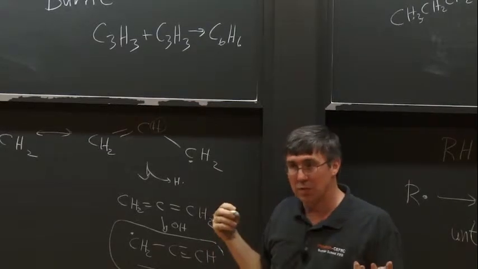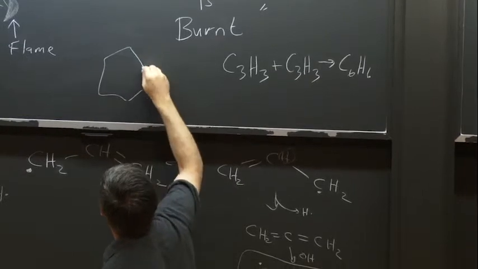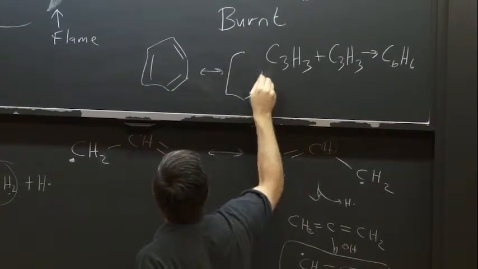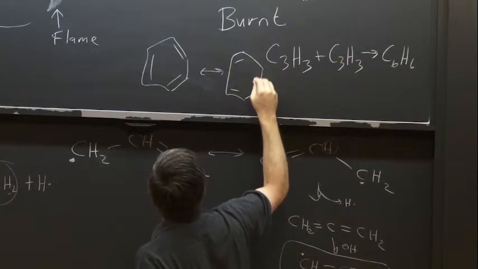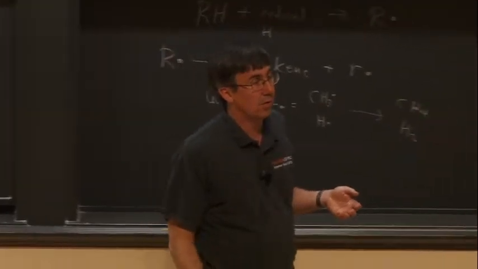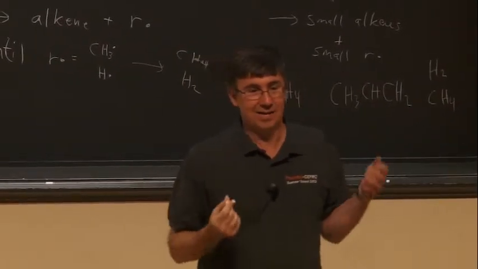Now, benzene is also one of these resonant molecules, because benzene has two ways you can draw it. And that makes it unusually stable compared to all the other molecules. And so if you get to benzene, you're not going back.